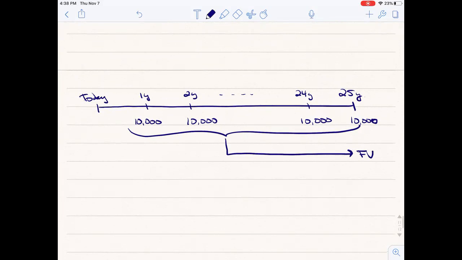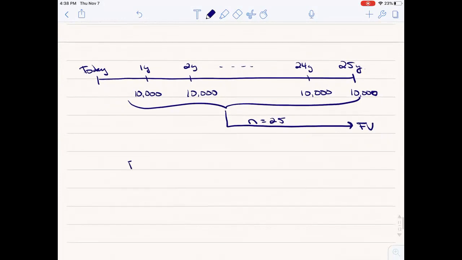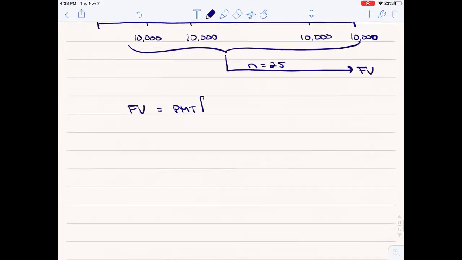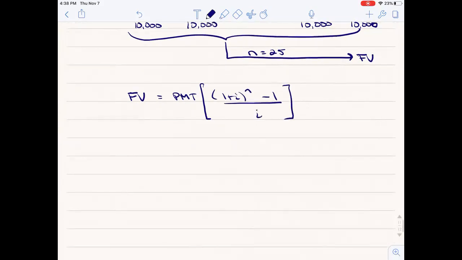N is the number of payments, so N is 25. And I already calculated I2 is 0.07. The future value formula we have is the PMT amount times ((1 plus I) to the power of N, minus 1) over I. So we've got a payment amount of 10,000 times (1 plus 0.07).